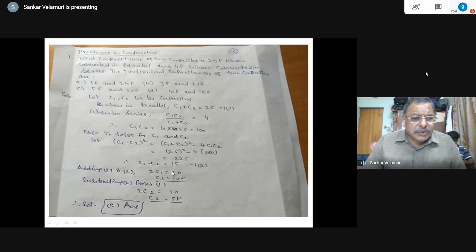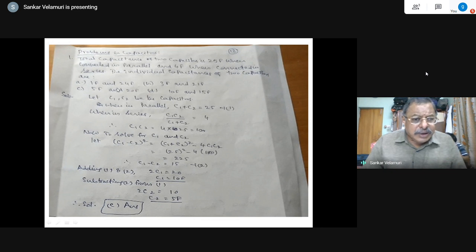So adding, you will get 2C1 is 20, that is 10 farads. And subtracting, you will get 2C2 is equal to 10, so it is 5.